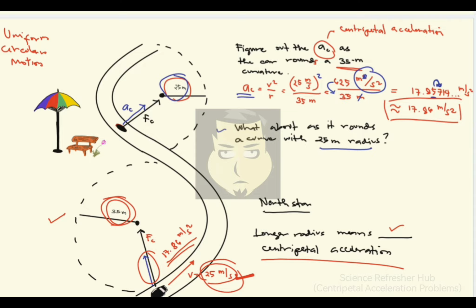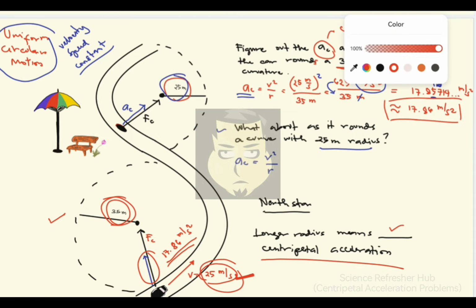Now, same formula, it's AC, centripetal acceleration, v squared over r. And our velocity in a uniform circular motion, velocity or speed is constant. Don't forget that one. So it's 25 meter per second. Still not squared, I'm very sorry.